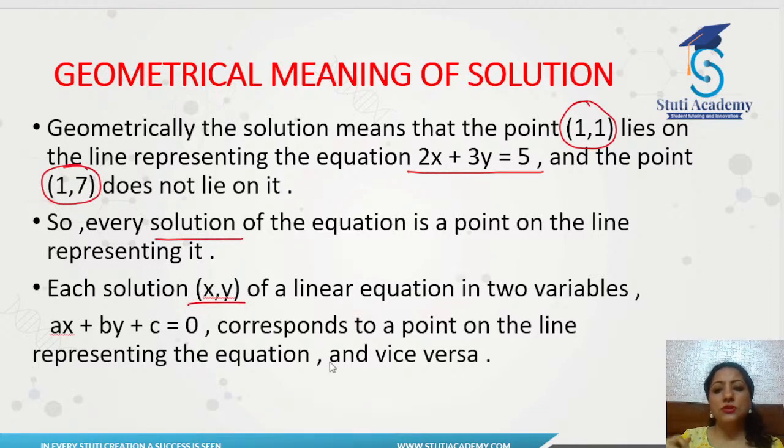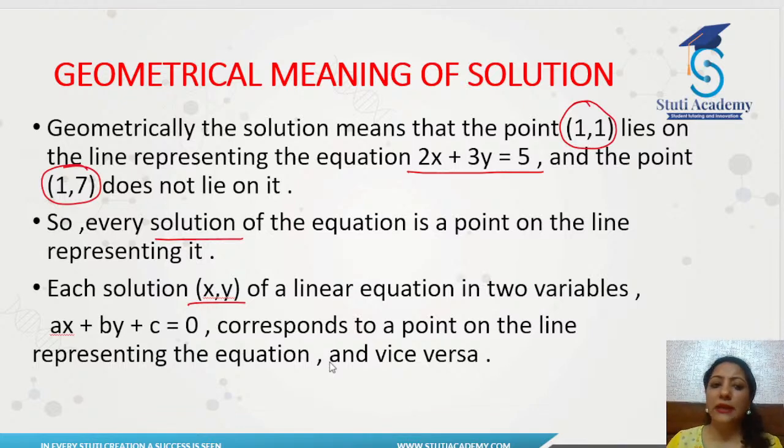So all the solutions are going to lie on the line 2x plus 3y equal to 5, and vice versa, all the points on the line would be solutions of the equation. So if I have an equation, all the solutions will lie on the line, and all the points on the line would be solutions of the equation.